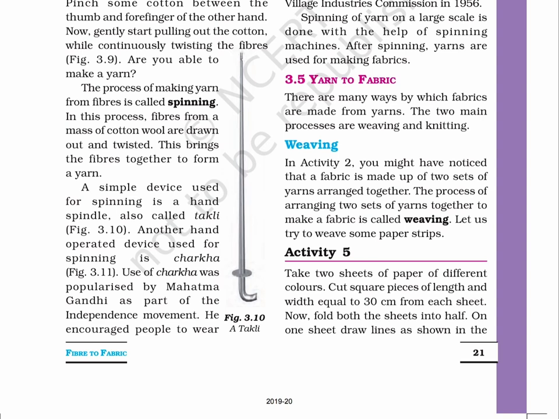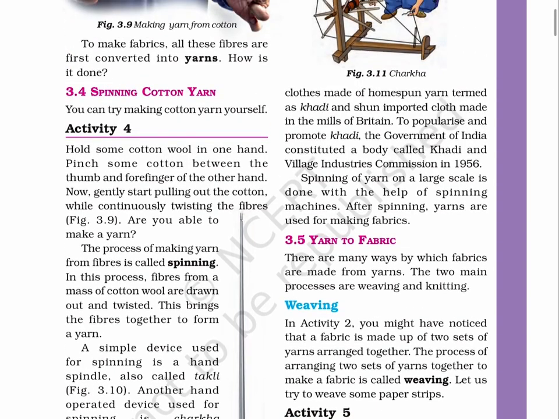Use of charkha was popularized by Mahatma Gandhi as part of the independence movement. He encouraged people to wear clothes made of homespun yarn termed as khadi and shun imported cloth made in the mills of Britain. To popularize and promote khadi, the Government of India constituted a body called Khadi and Village Industries Commission in 1956.